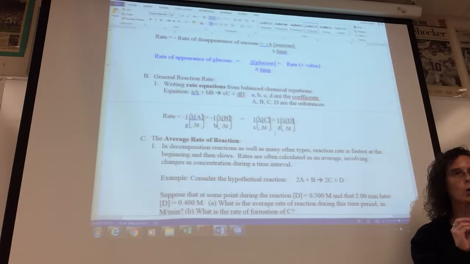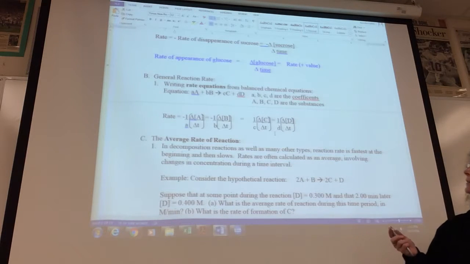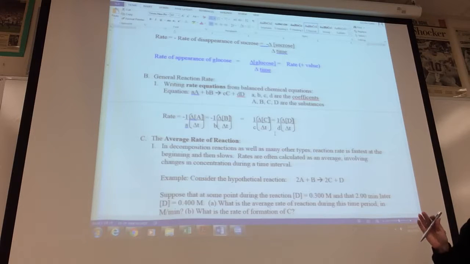Let's take a look at how you would write a rate equation. This is a rate equation, not a rate law. Be careful, rate equation. And this should look familiar to many of you. For those of you where it's brand new, it's very, very simple, so don't panic. Here's your equation. Lowercase letters represent stoichiometric coefficients.